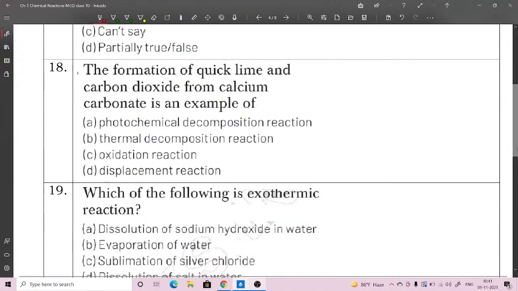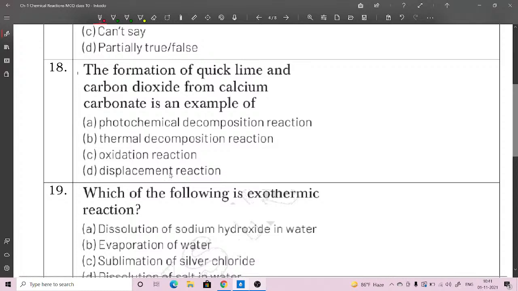Let us move on to question number 18. The formation of quicklime and carbon dioxide from calcium carbonate is an example of photochemical decomposition reaction, thermal decomposition reaction, oxidation reaction, or displacement reaction.